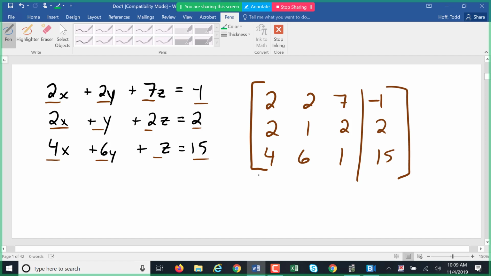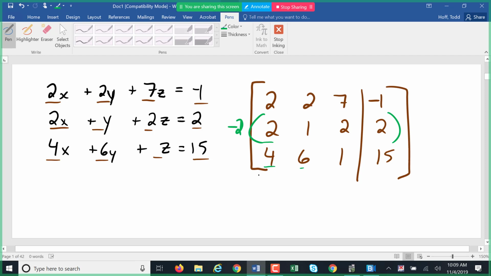So we already have 1s here and here, but we don't know if we're going to be able to keep them there. We need to get a 1 here, and we need to get 0s in these locations. So what I'm going to do here is multiply this middle row by a negative 2.